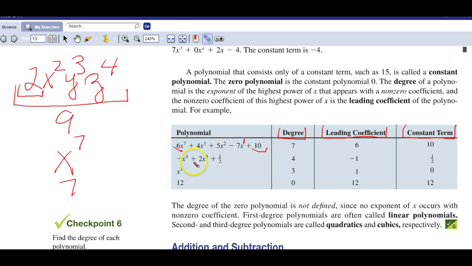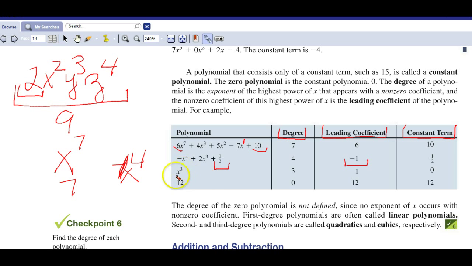Now the degree of this one is 4. Now when you have a negative x to the 4th, there's a 1 in front of the variable after the negative. So that's where they get the 1 from. We just don't usually write it. And then the constant is 1/2.